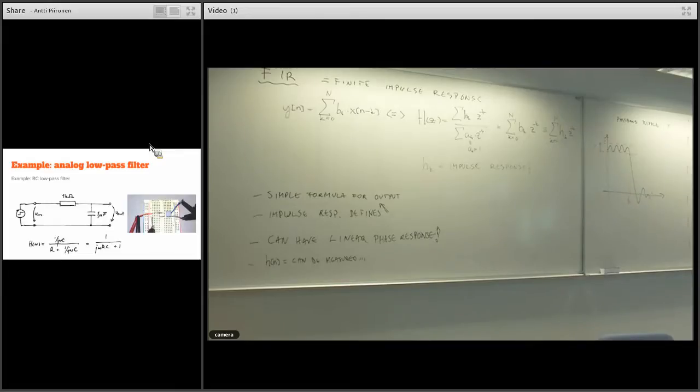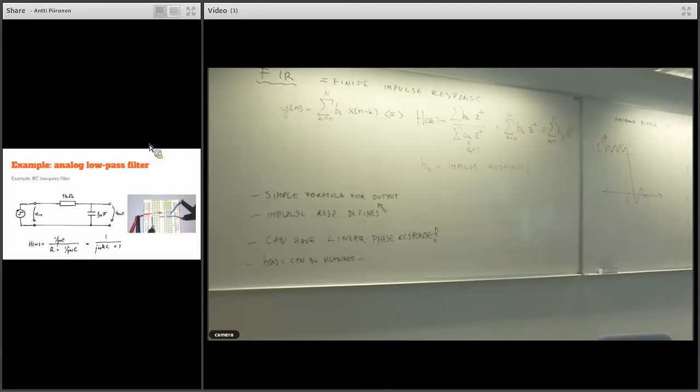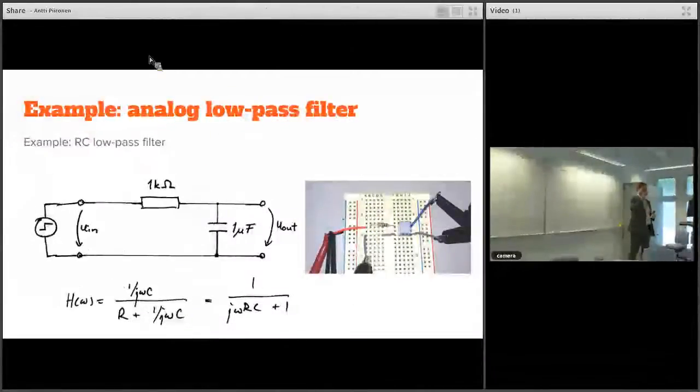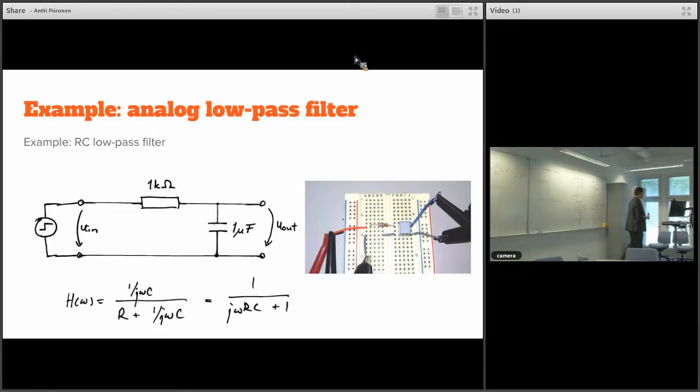One picture on the table now: an example of an RC low pass filter. I made that myself, I made some measurements. I took the simplest RC filter I can imagine, an analog filter, 1 kilo ohm resistor, 1 microfarad capacitor, time constant 1 millisecond. The frequency response of that filter would be there on the table.